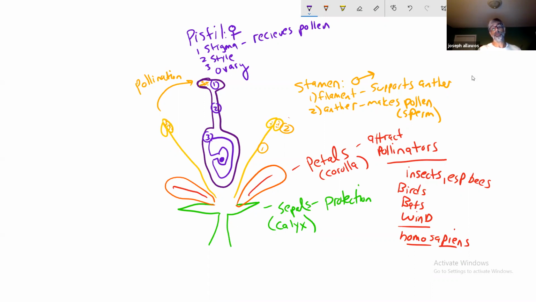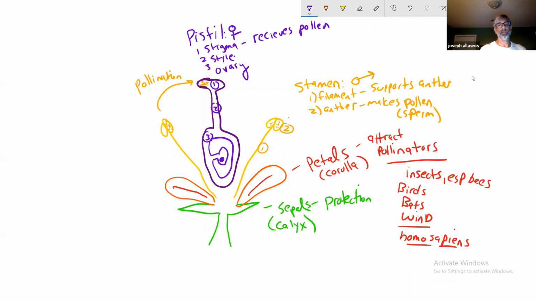This is perfectly legitimate. The pollen can come from this flower and pollination and fertilization can occur all within this one unit. Other plants require outcrossing, like for example, apple trees require a second tree, not even a second flower, but a second tree to outcross the pollen.